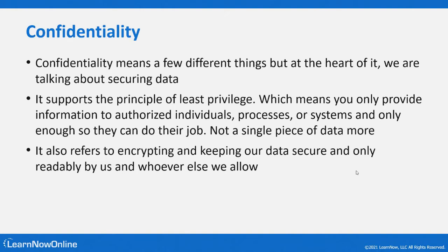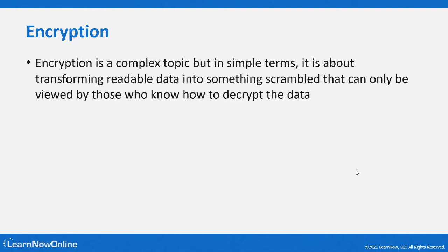Confidentiality also refers to encryption, and we want to keep our data secure and only readable by us and whoever else we allow. Encryption can be a whole topic in of itself, but in simple terms, it's about transforming readable data into something scrambled that can only be viewed by those who know how to decrypt the data with a password or a key or something else.